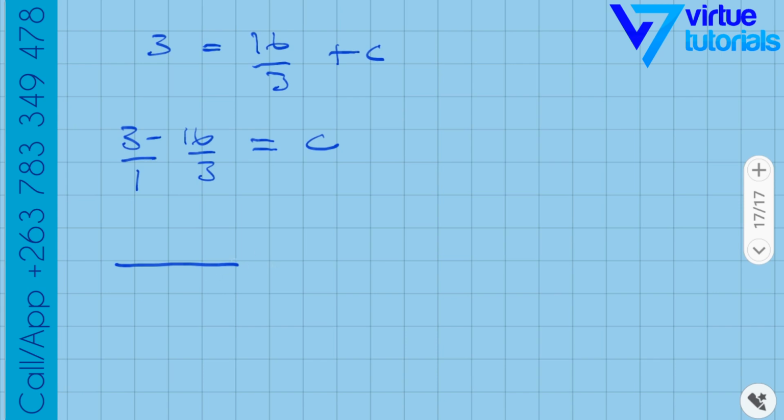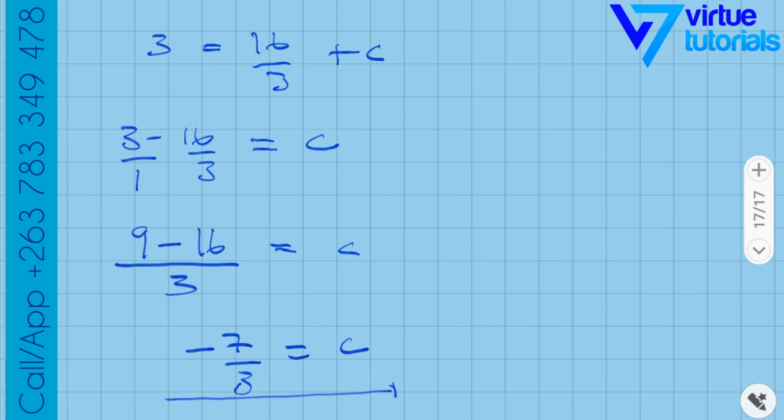Between 1 and 3, the common denominator will be 3. 1 into 3 is 3. 3 times 3 gives you a 9. Minus 3 into 3 is 1. 1 times 16, you get a 16. Then 9 minus 16, that's going to give you minus 7 over 3. And that's going to be our value of c. So that's how we get our value of c.